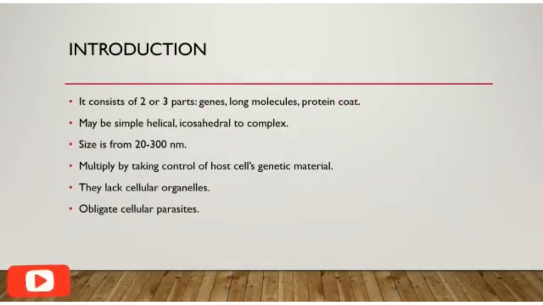A virus consists of 2 or 3 parts: genes made up of either DNA or RNA, long molecules that carry genetic information; a protein coat that protects the genes; and, in some viruses, an envelope of fat.